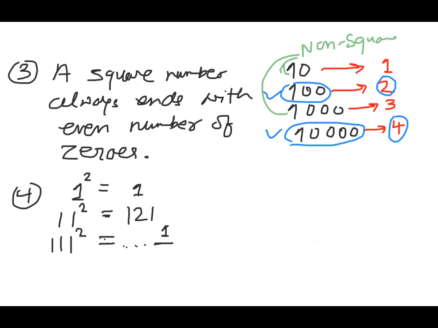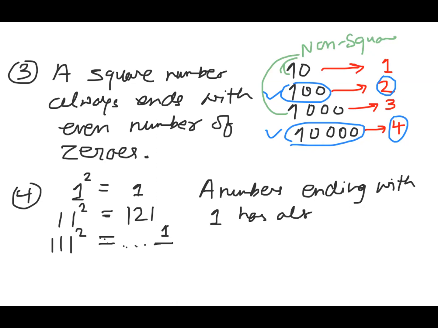So what it says: a number ending with 1 has a square that also ends with 1. That's the fourth property. Now there are a few more properties as well.